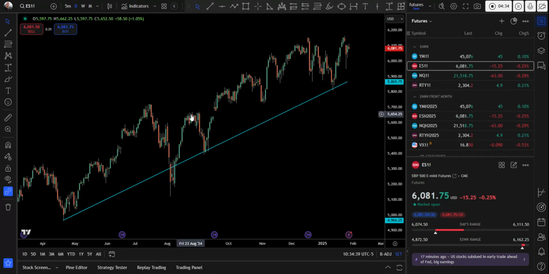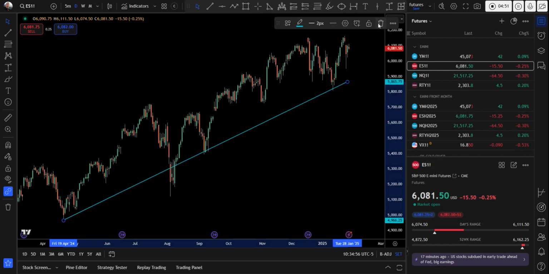Now, people tried to make money selling. Yeah, they could have made a profit if they were quick to take profits, because as soon as it hit that line, it took off in the upward direction. Same thing here, it touches the trend line, boom, bounces. A lot of times that works. It's called the buy the dip strategy, classic, in an uptrending market.